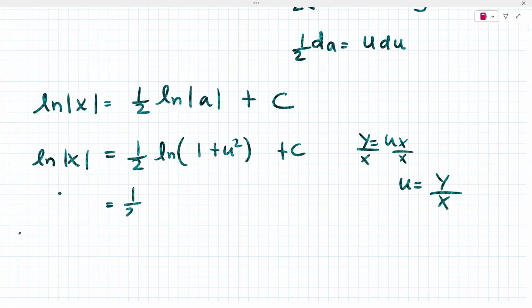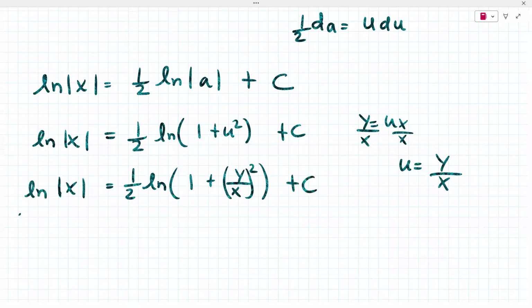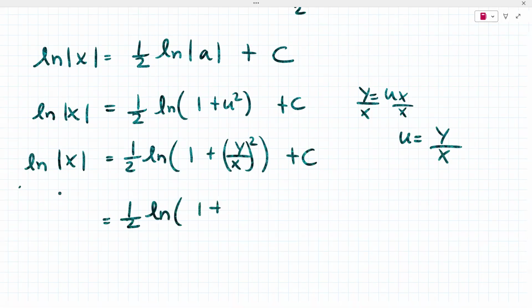That's going to be 1/2 ln of 1 plus u, which is y over x, squared, plus c. If you're squaring this, this would be y squared over x squared.